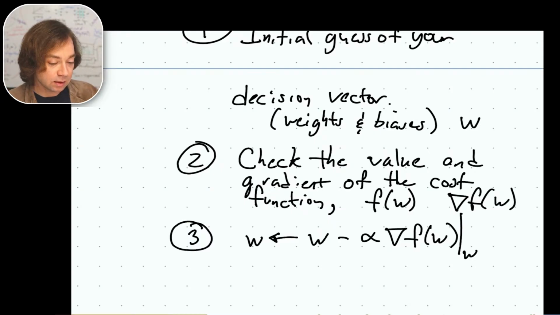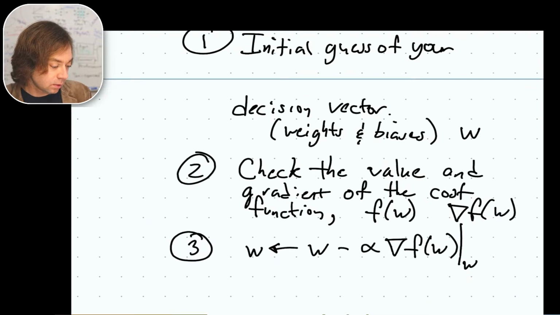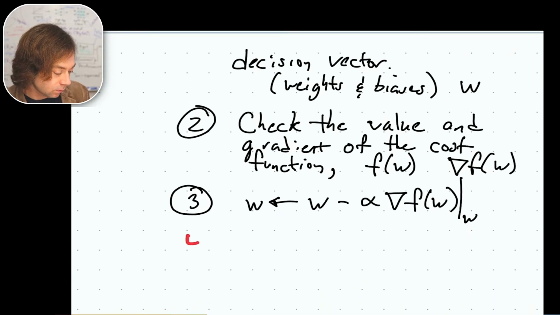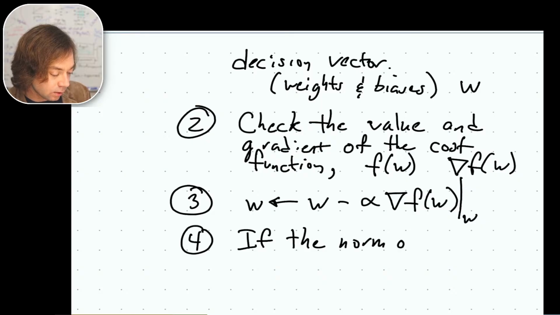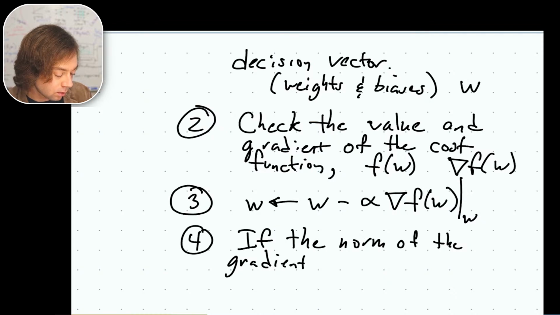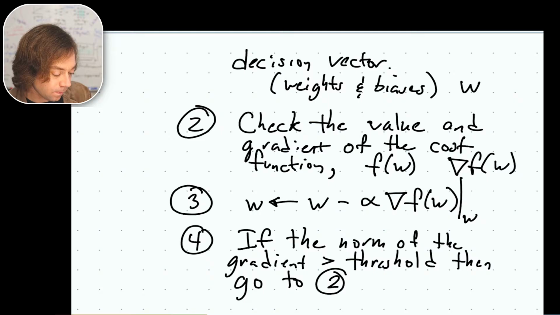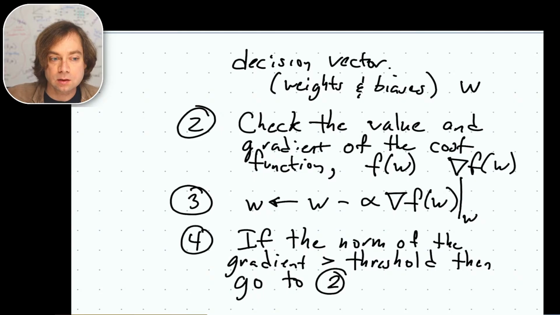And of course, if the norm of the gradient is greater than a threshold that we set, then go to 2. That's the gradient descent loop. So we are looping on the gradient descent.